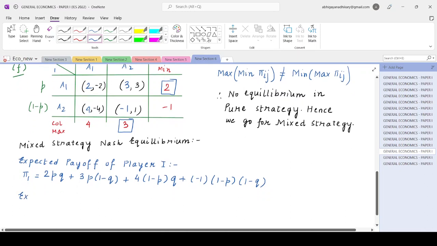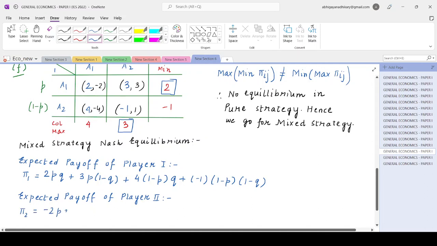And similarly, we will also write down the expected payoff of player 2. So what is pi 2?